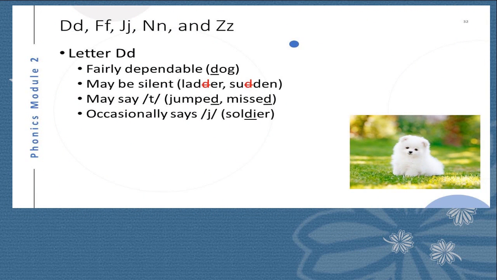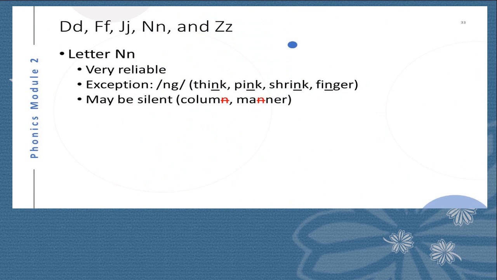The letter D is fairly dependable, as in the phoneme D for dog. The letter D may be silent, or say T, or occasionally J. The letter N is very reliable with one common but confusing exception. The letter N by itself can represent the same phoneme as the digraph NG.